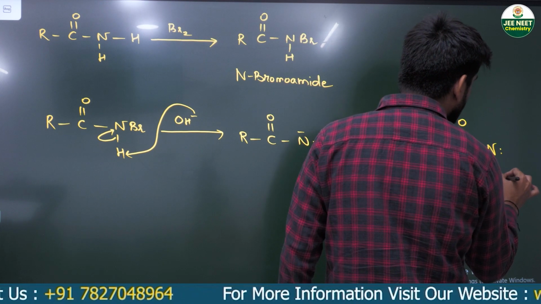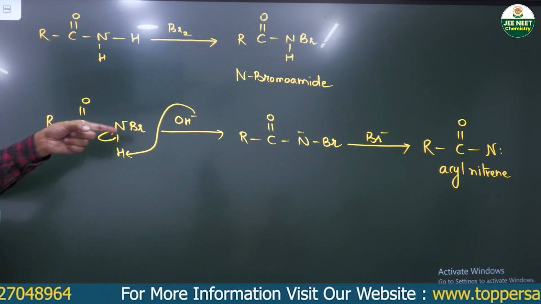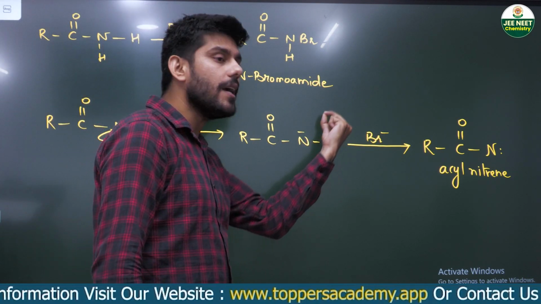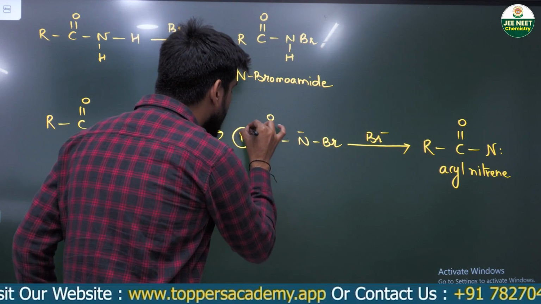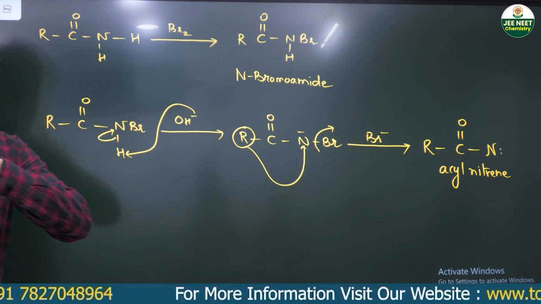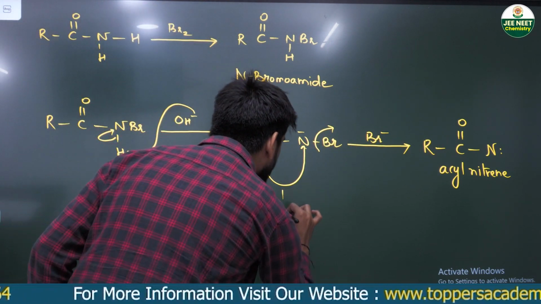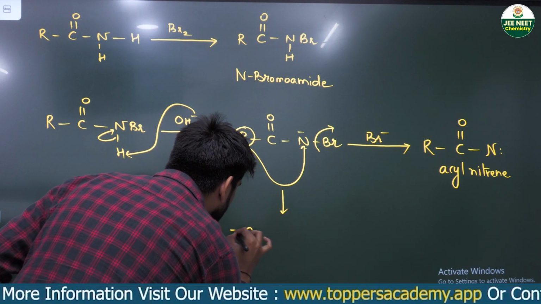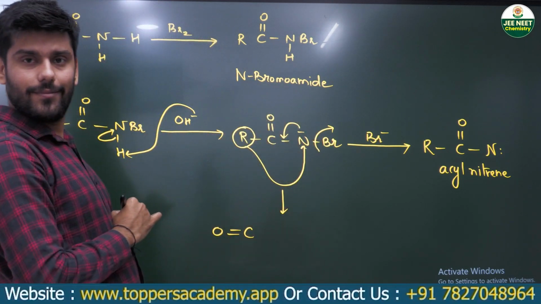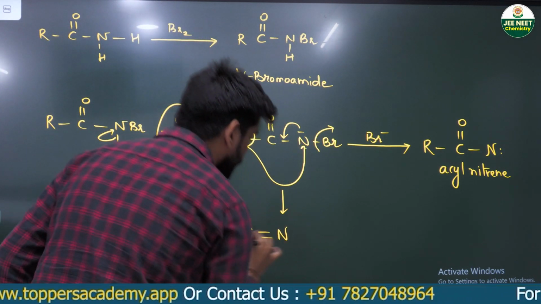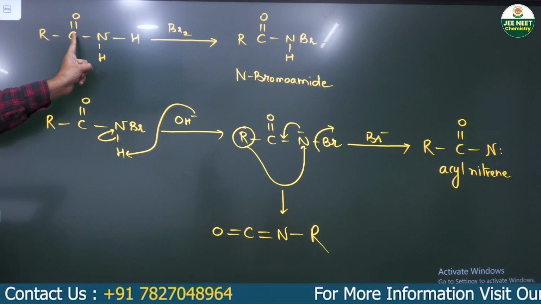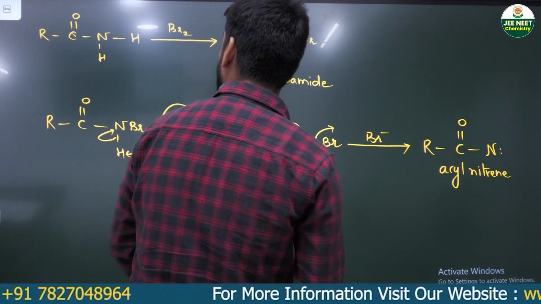You can also understand it in this manner: when this Br leaves, this R migrates to this N at the same time. So what will happen? C double bond O, and this bond goes here, double bond N and R. This is your alkyl isocyanate.